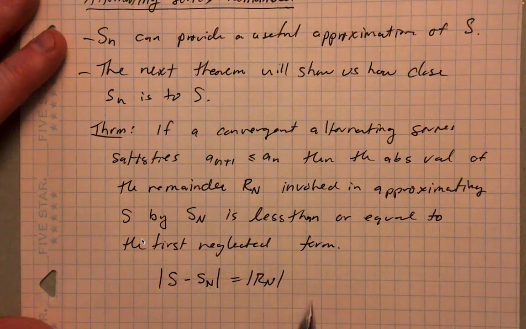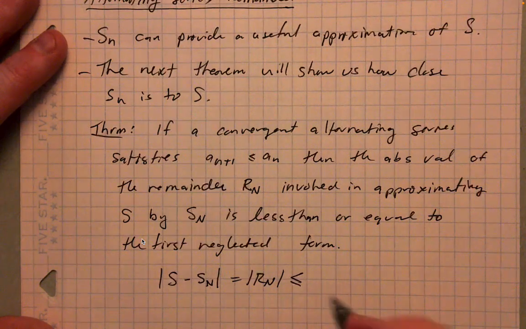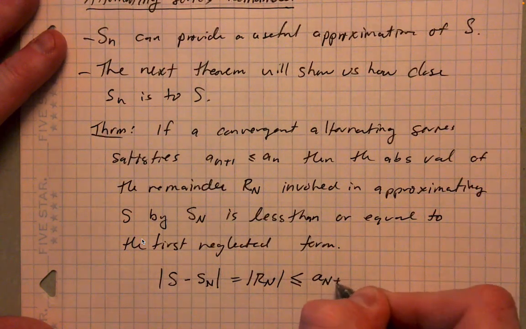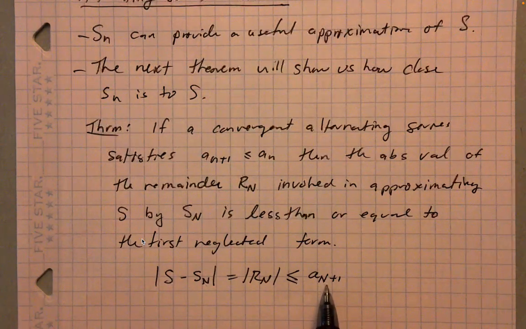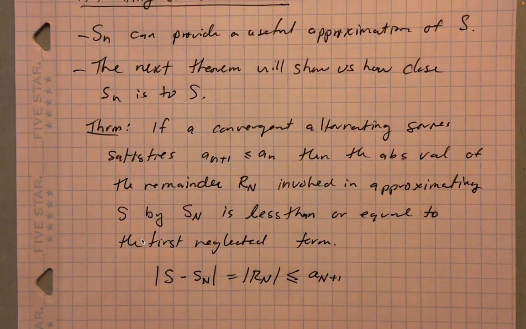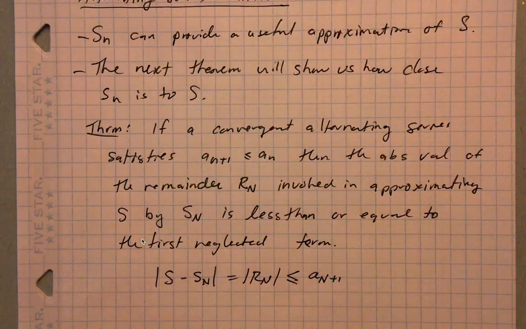The absolute value of this is going to be less than or equal to a of n plus 1, where a of n plus 1 is just the next term in the sequence. So if S of n is the first big N terms, this is the next one, the first one to be left out. It's the first neglected term.